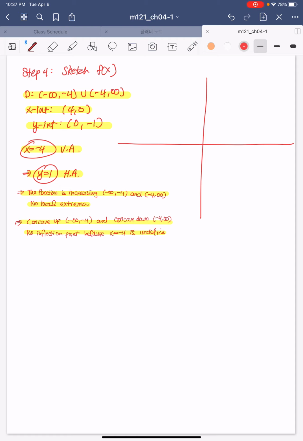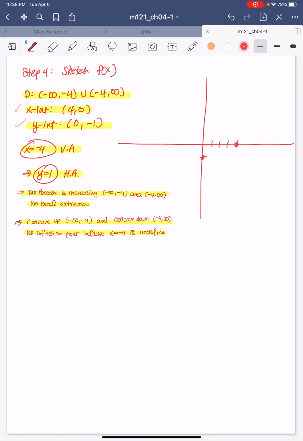Okay. Now let me make a grid and then use it. So I have two defined points here: negative 4, 0 and 0, 1. Let's indicate that. 1, 2, 3, 4. And then 0 point 1, 2, 3, 4. And then we have 0, negative 1. Okay.